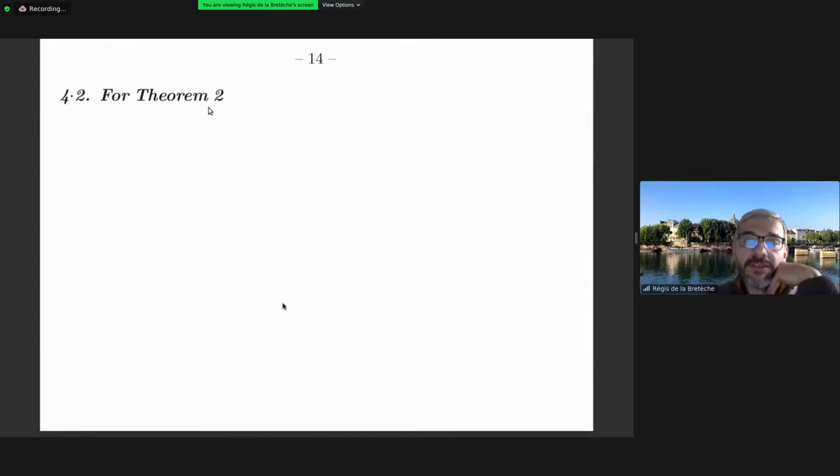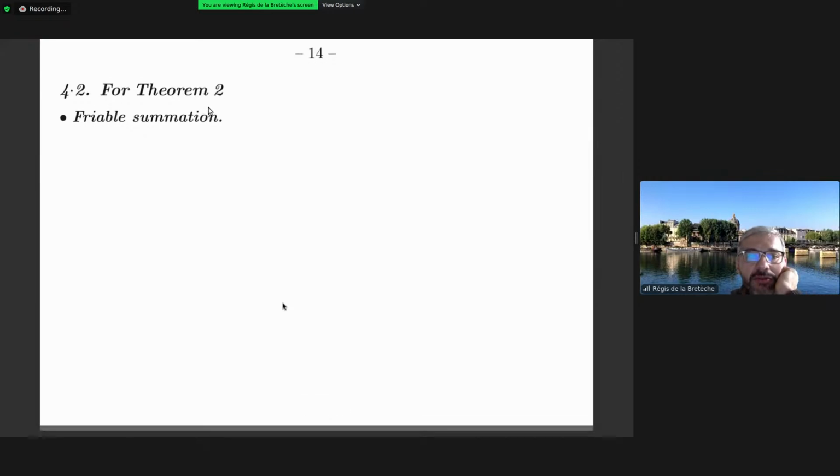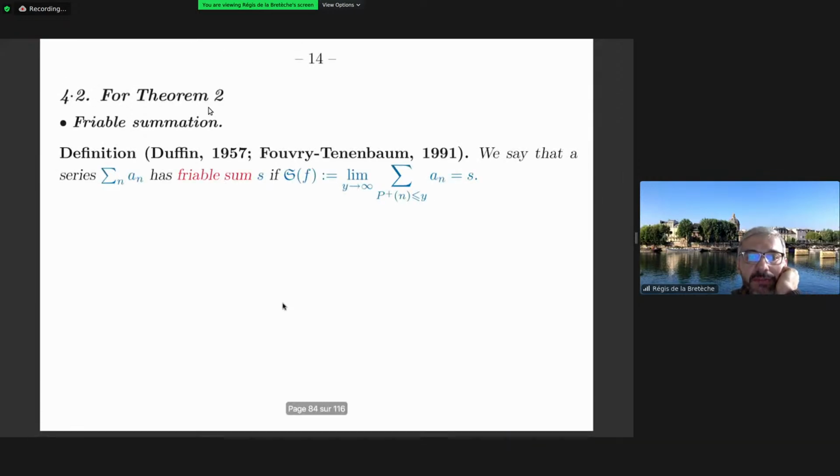Okay, so for theorem 2, we use variable summation. So I recall what variable summation is. It was introduced by Duffin, but rediscovered by Fouvry and Tenenbaum 30 years ago.